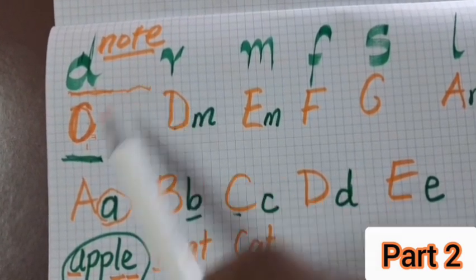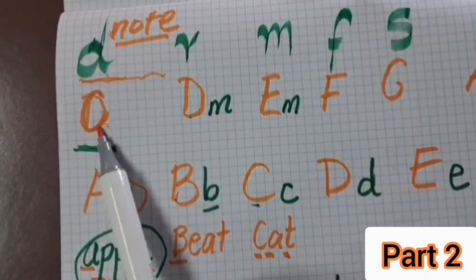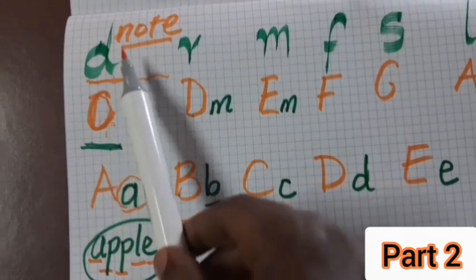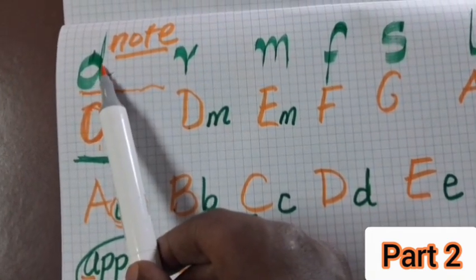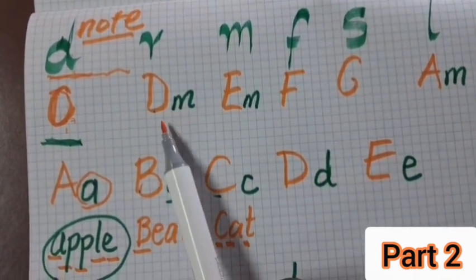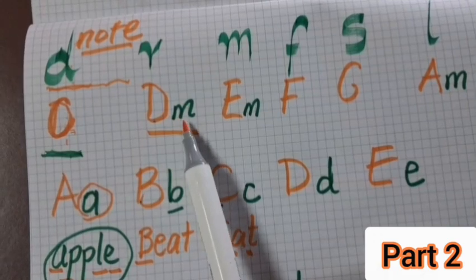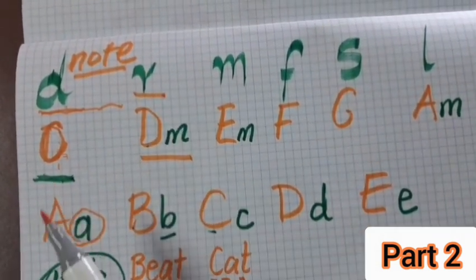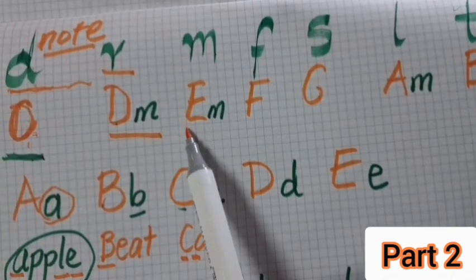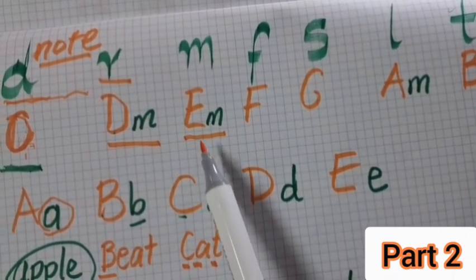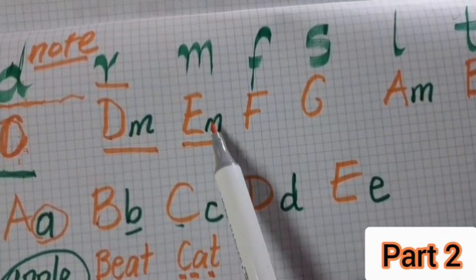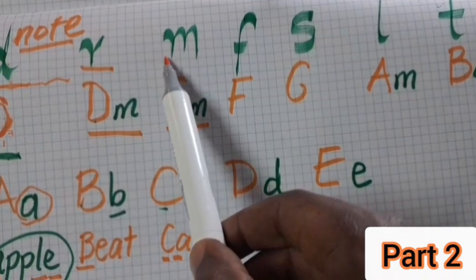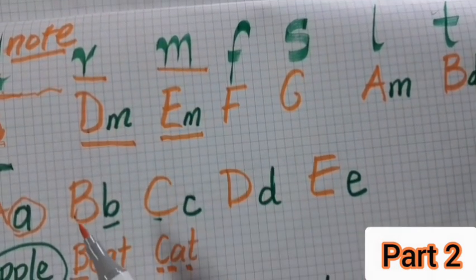So the set of C chord represents a note. The set of D minor chord will represent a note of re. A set of E minor chord will represent the key of mi.